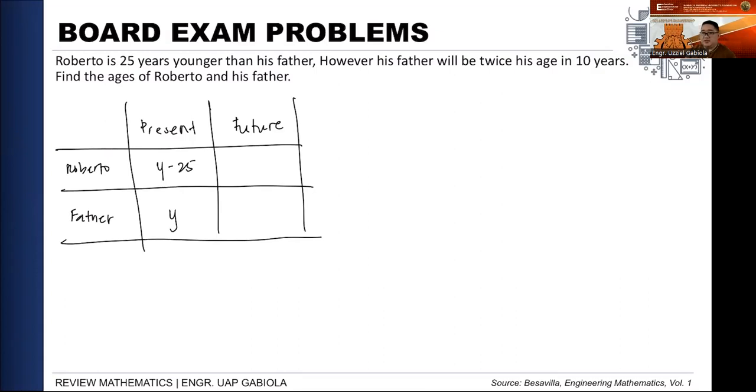So, ibig sabihin, yung edad niya ngayon, which is Y minus 25, in 10 years, so magpa-plus 10 ka ng edad, magiging twice daw yon in the future. No? Okay? Or in 10 years, so future natin, si Roberto is Y minus 25 plus 10 or Y minus 15.